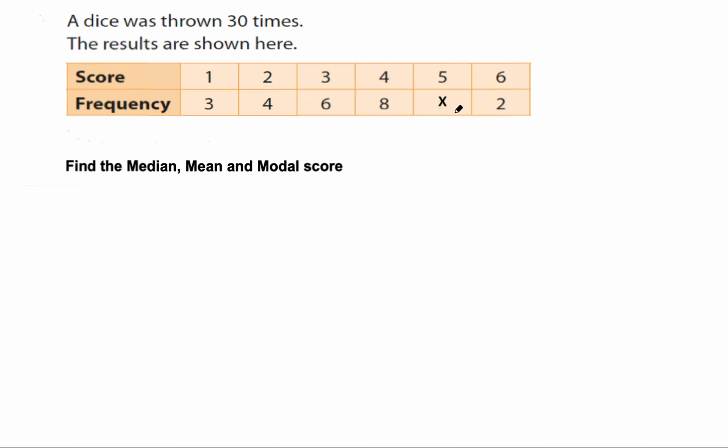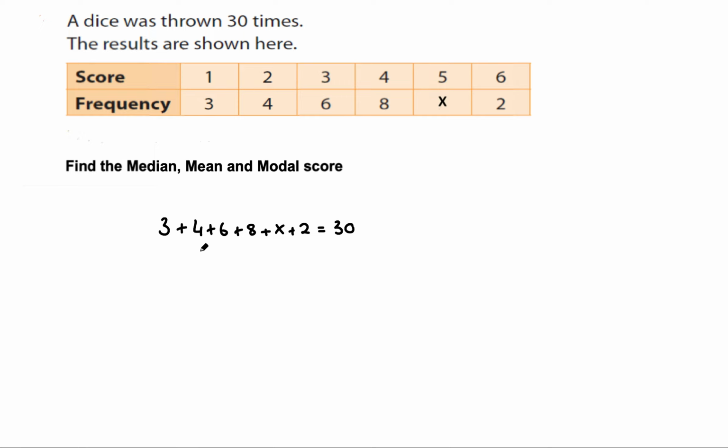So to find x, what I will have to do is look at the information here, which tells me how many times those numbers came up, and I know that I only did this experiment 30 times. So that means that all of these have to add up to give me 30. So I have 3 plus 4 plus 6 plus 8 plus x plus 2, and all of that should be equal to 30.